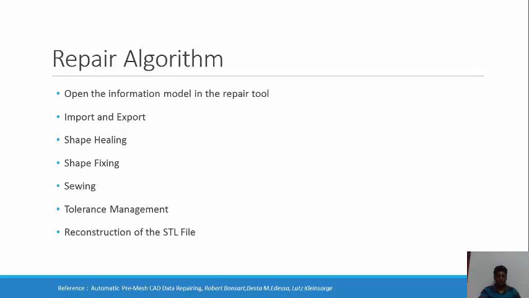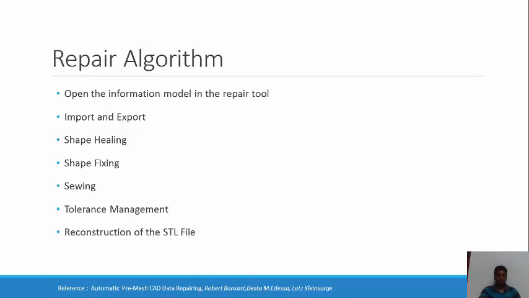Now we come to shape fixing. Due to various reasons mentioned in the previous sections, many geometrical or topological inconsistencies might exist in CAD models. Intra-entity inconsistencies imported from CAD models are repaired using the shape fix module of the developed tool.